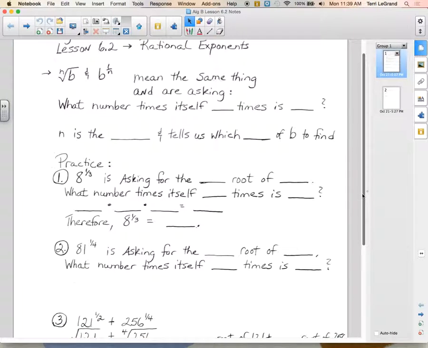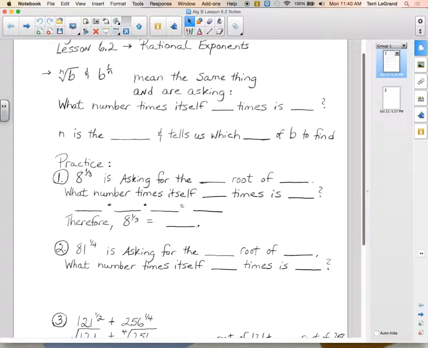When we have this little n written inside of our radical sign and then the b underneath it, that really means the same thing as b to the 1 over n power. B to the 1/nth power. They mean the same thing.